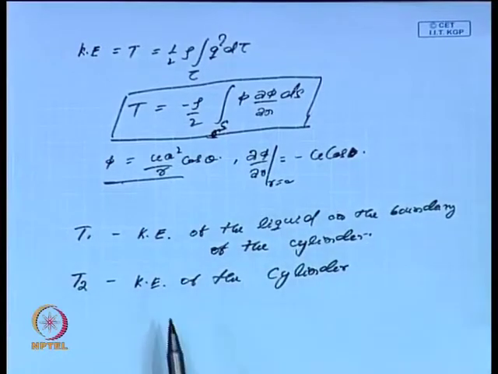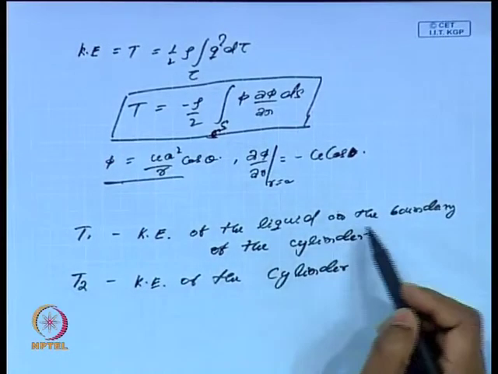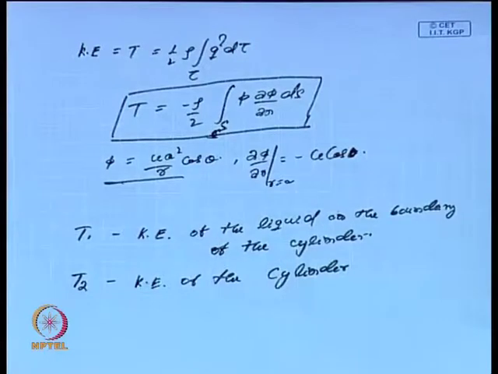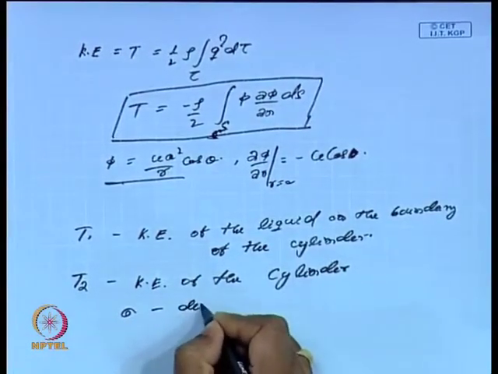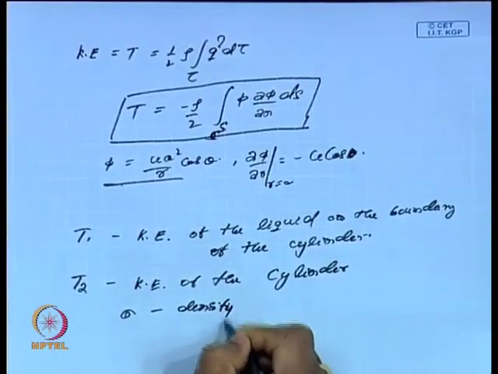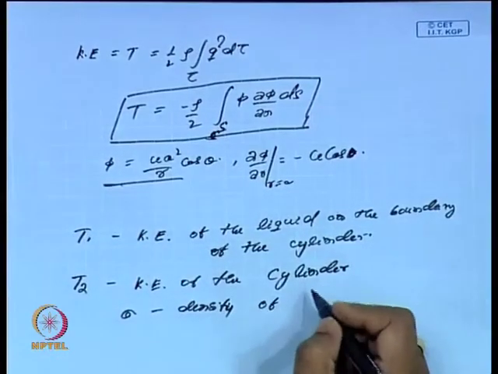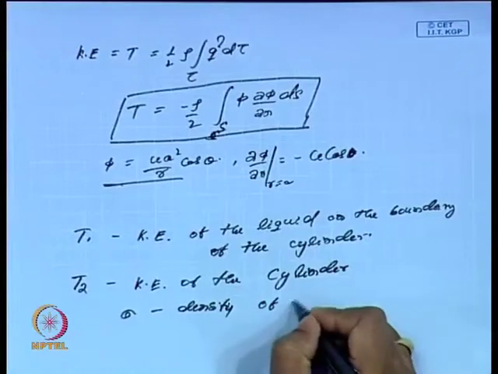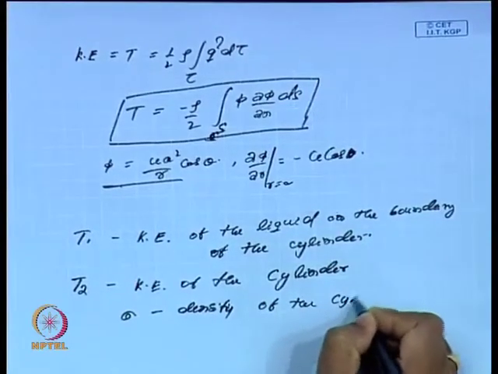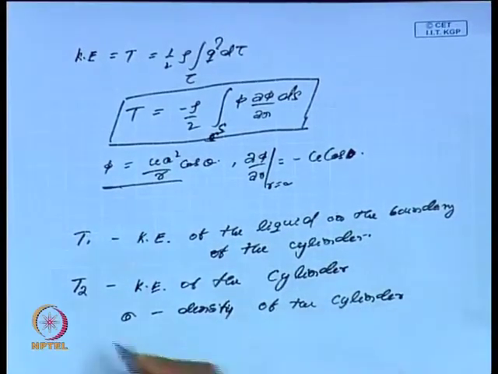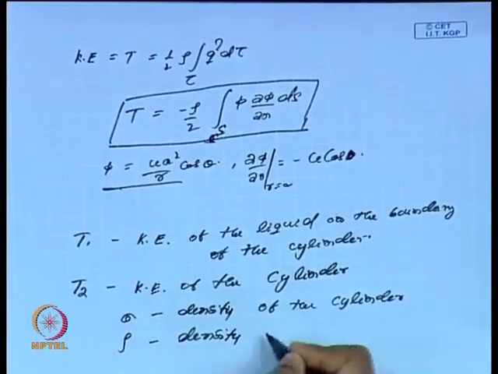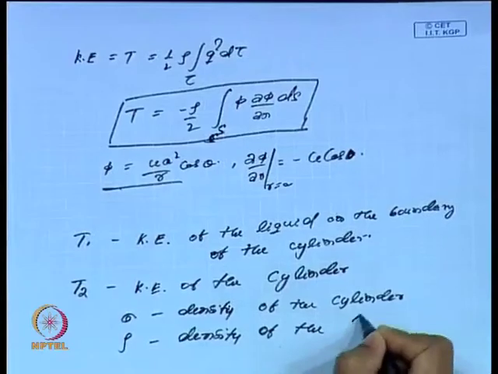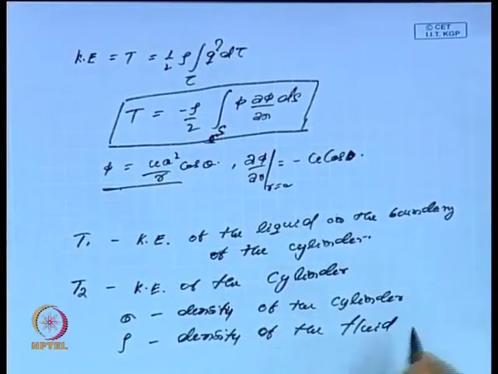T1 is the kinetic energy of the liquid on the boundary of the cylinder. If I say σ is the density of the cylinder, and ρ the density of the fluid, this is the density of the fluid, then what will happen to T1?